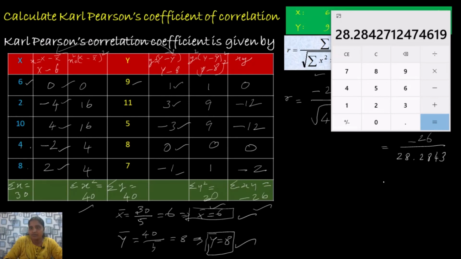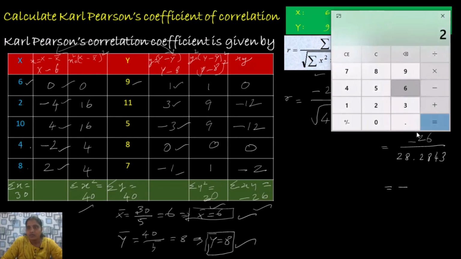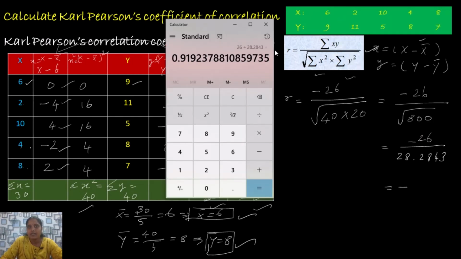So 28.2843. And by dividing 26 by 28.2843, we get 0.919.